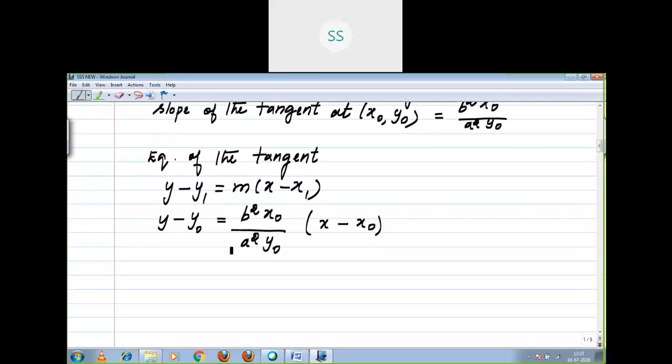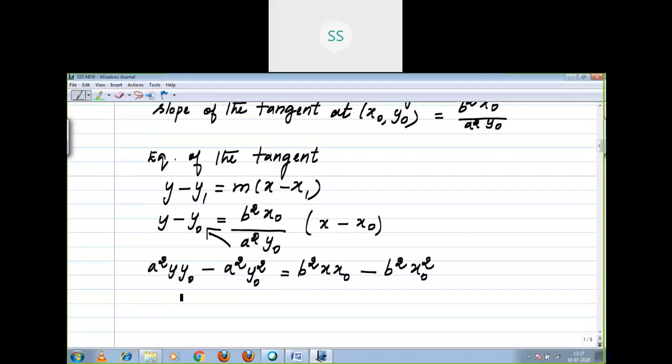Then you cross multiply, right? What can you get? a square y naught y minus a square y naught square equal to b square x naught x minus b square x naught square. Now we are going to write it in equation format.